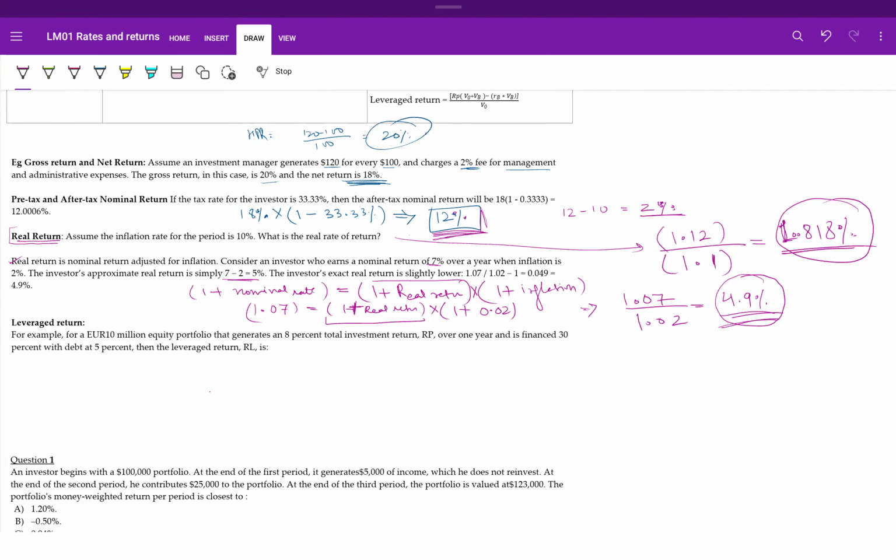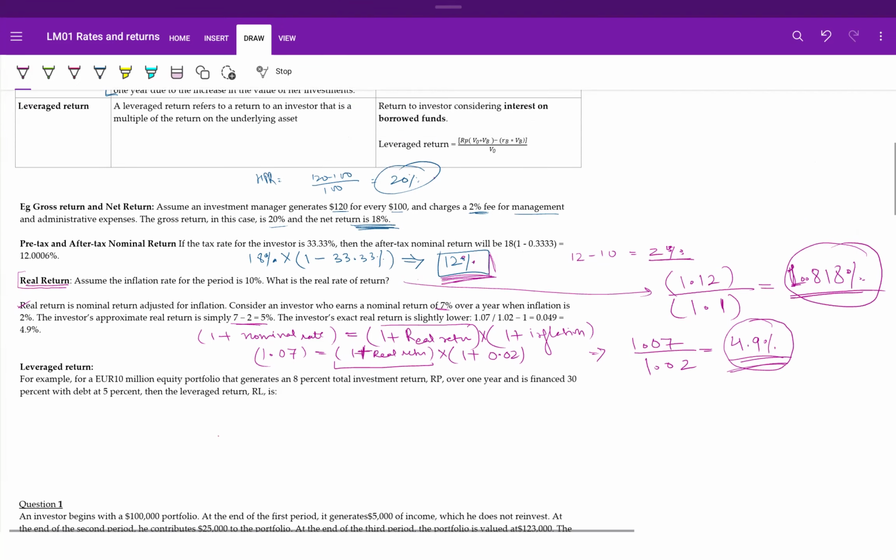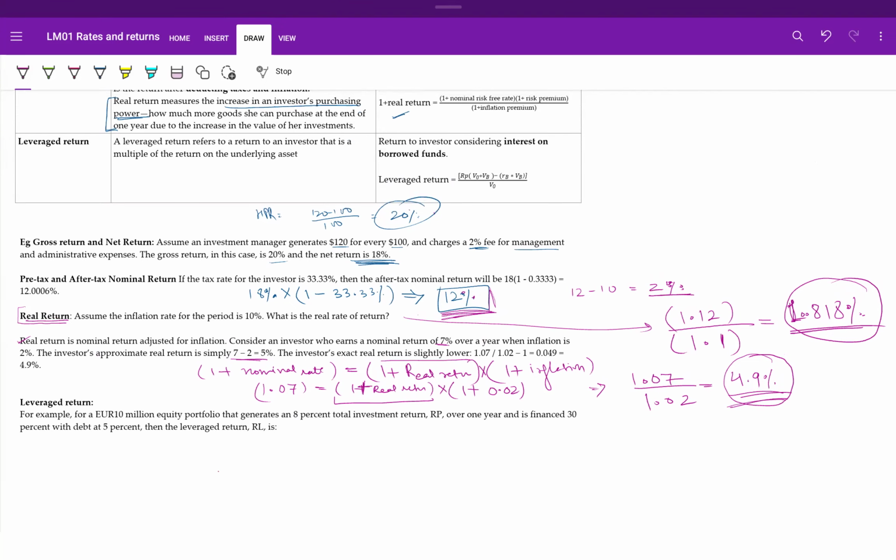Okay, so that being said, let's talk about leverage returns. Most of the time, investors use a debt component in their portfolios, and once you use a debt component, your return on the portfolio increases, but there is a certain component which we consider.